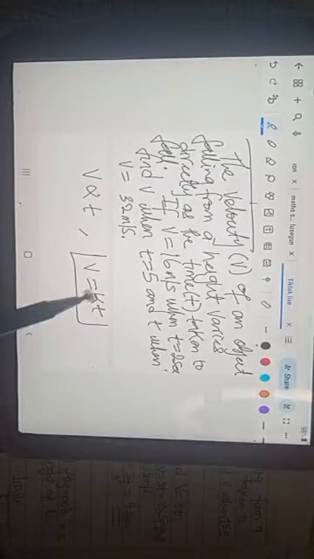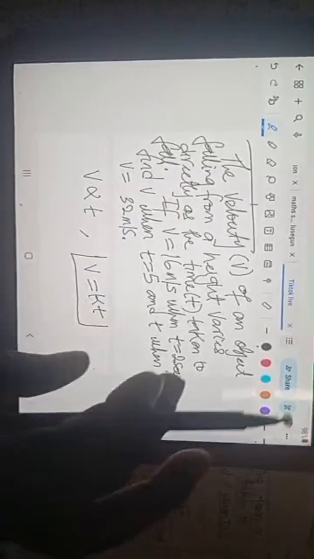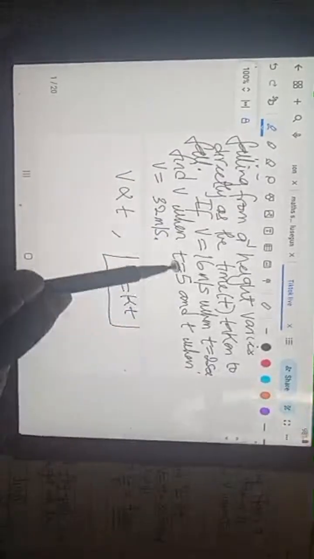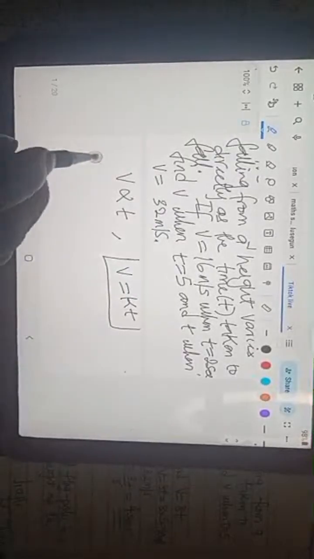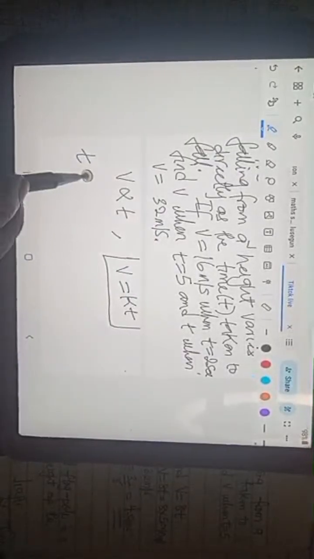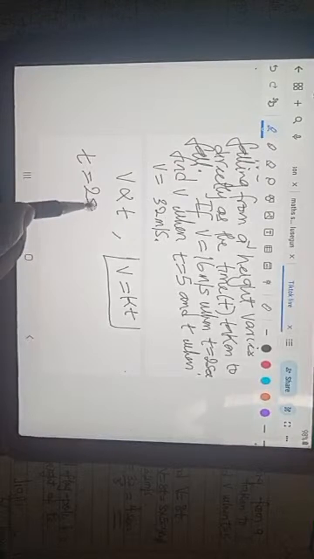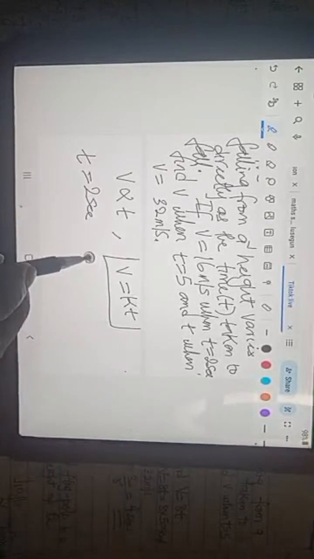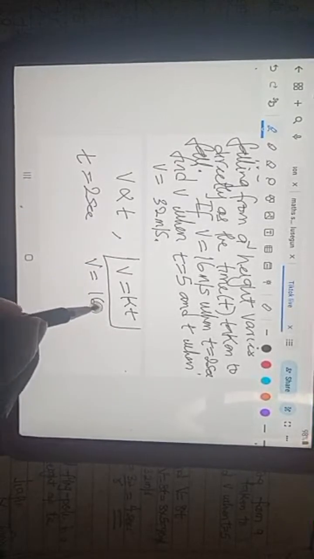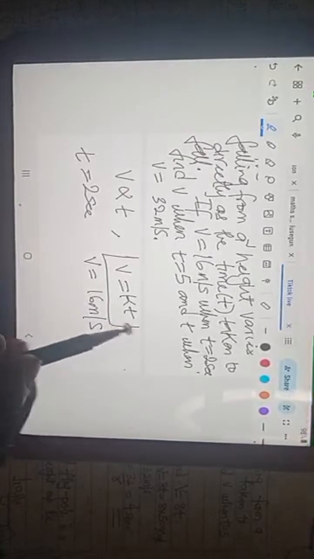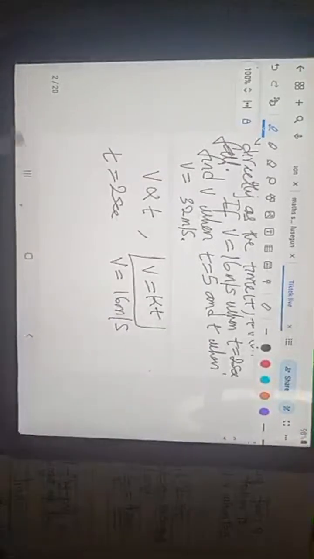Now we have been given the value of t to be 2 seconds, and v is equal to 16 meters per second. So let's try to find the value of k.